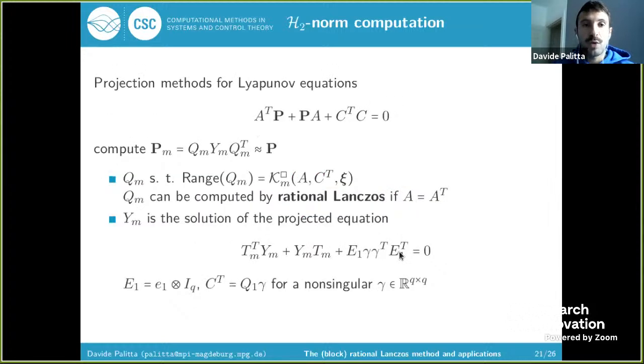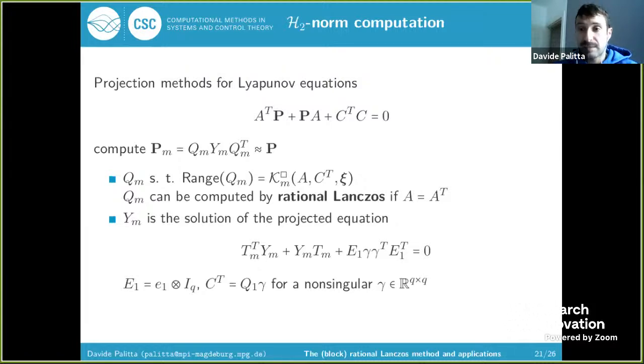So what we could do is to apply a projection method to solve one of these Lyapunov equations. For instance, we want to compute P, or better, an approximation of P that here we call PM. If we apply a projection method, we usually compute an approximation in this form here: QM, YM, QM transpose, where QM represents a basis of our favorite approximation space. And of course, in this case, it's going to be the rational Krylov subspace.